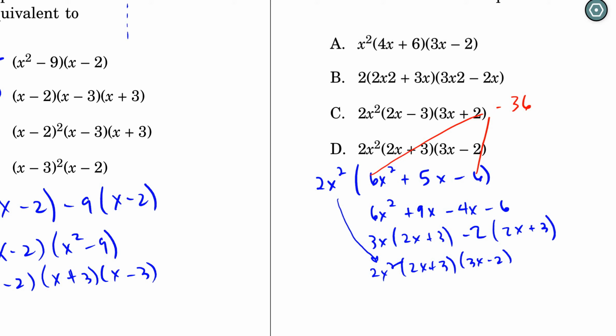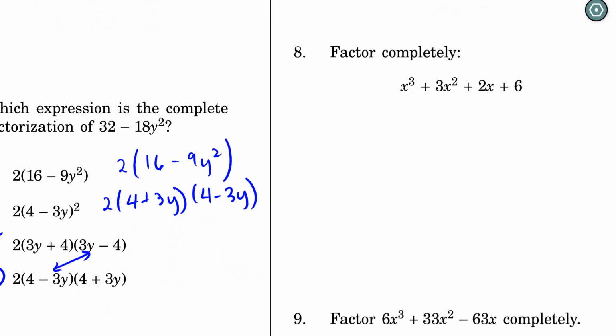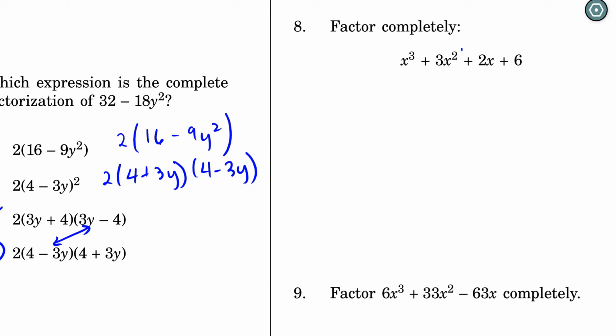So that would be choice D. Right away, just from the GCF, we know it's not A and B, so that's one benefit of multiple choice questions.